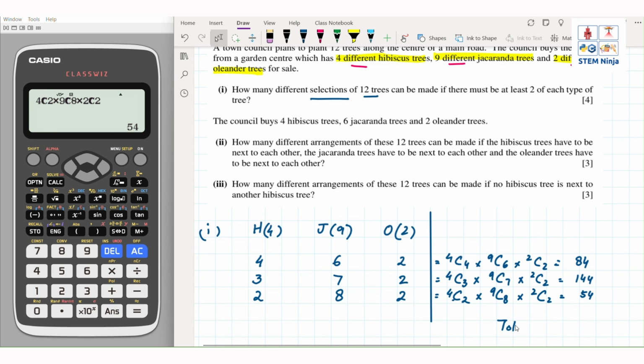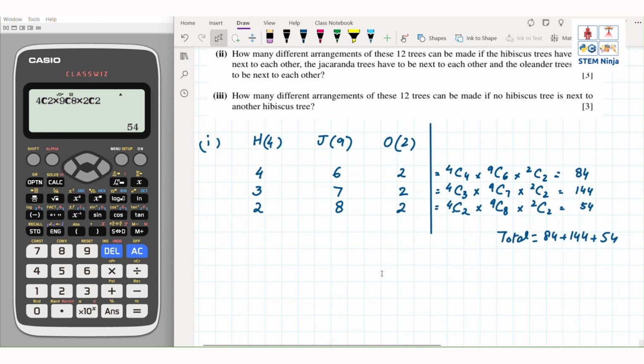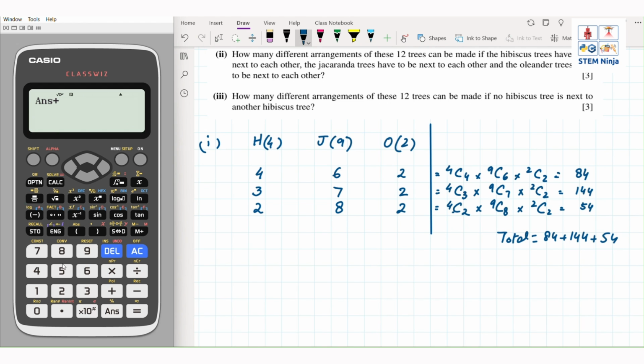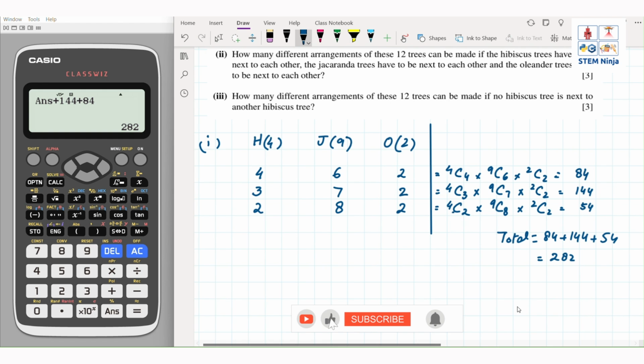So total would be the sum of these, 84 plus 144 plus 54, okay, so 54 plus 144 plus 84, that would be just 282. All right.